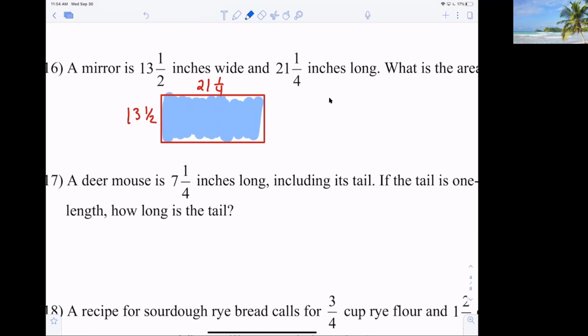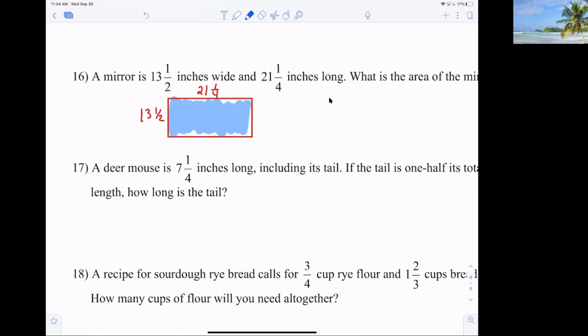What's the formula for area? He's smart enough to look information up. There's problems on this worksheet. Oh, length times width. Thank you. Now you're smarter because you know how to look information up. So now everybody's going to write down area equals length times width.